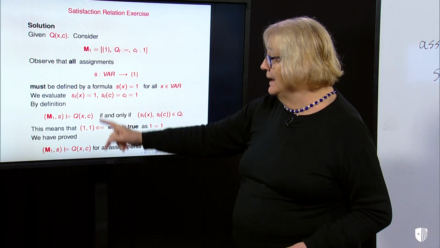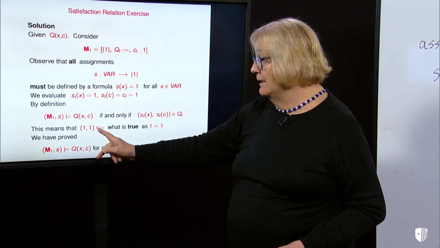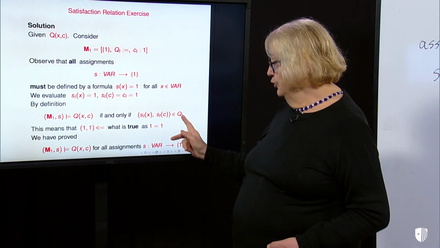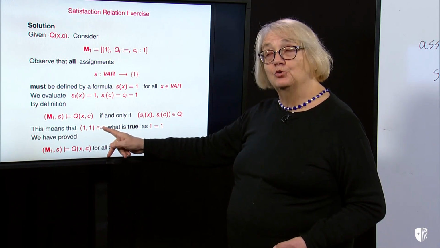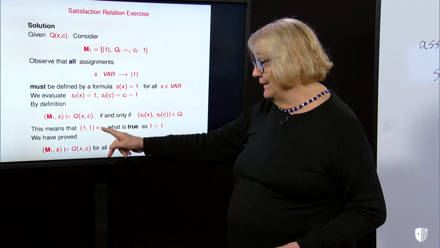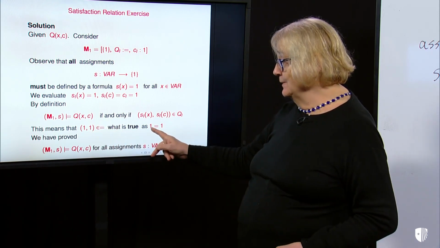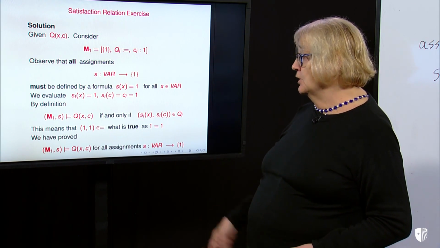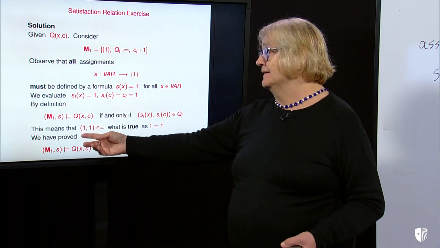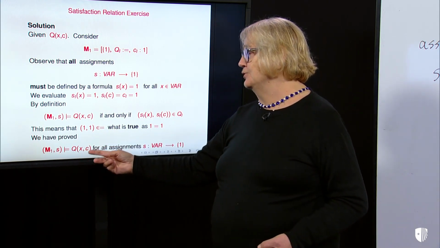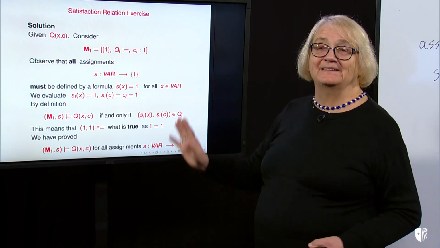S of x was 1, so it means 1, 1 belongs to Q, belongs to equality. So what does it mean that the tuple belongs to equality? It means that 1 equals 1. So we prove that M satisfies Q for all assignments.